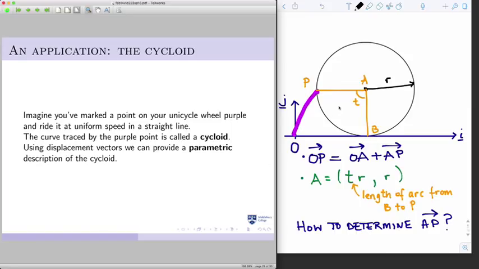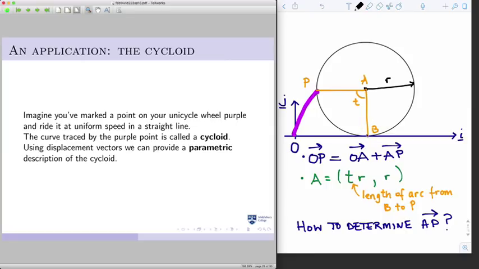So this means that the point A is always going to be r units in the j direction. Or what's also the same thing is saying that its second component is always going to be r. So now we'd like to ask, well, how many units in the i direction has the center of our unicycle wheel moved?